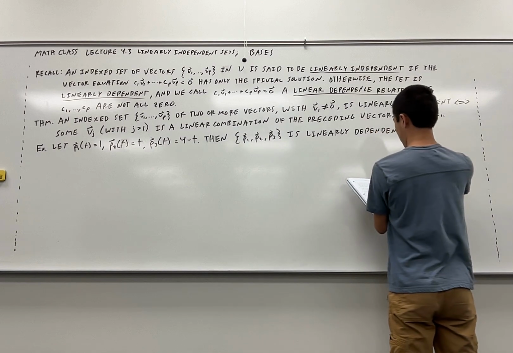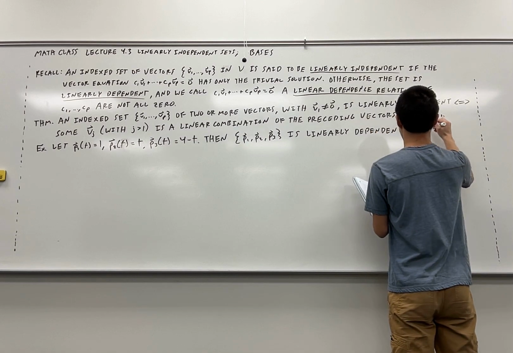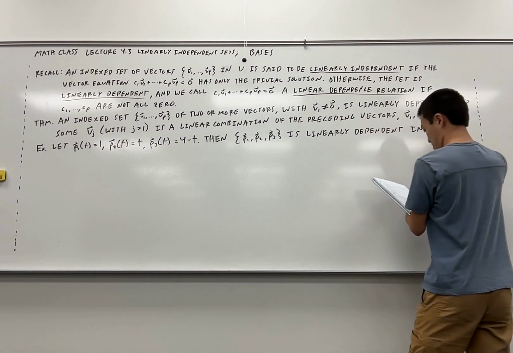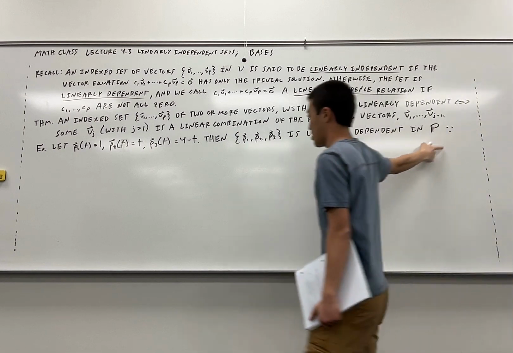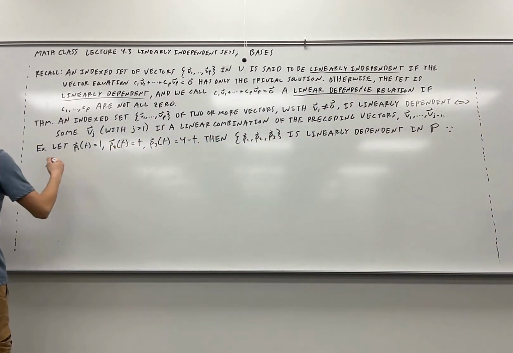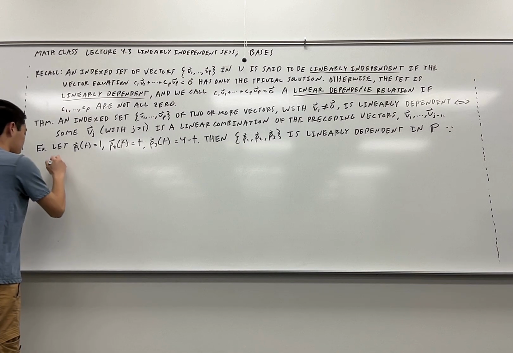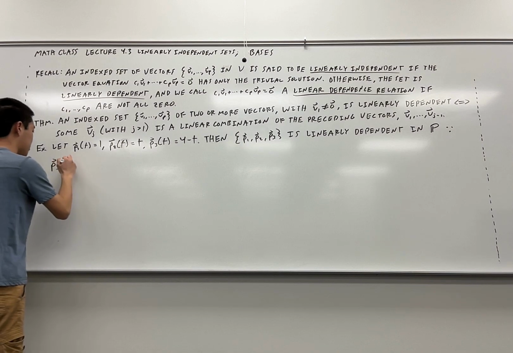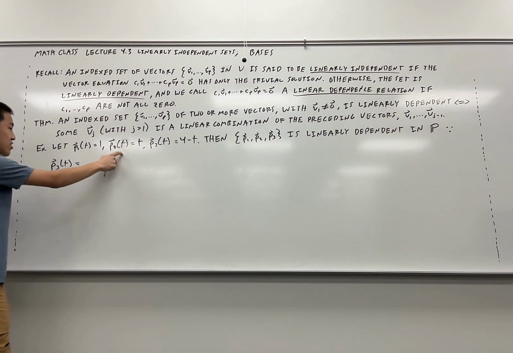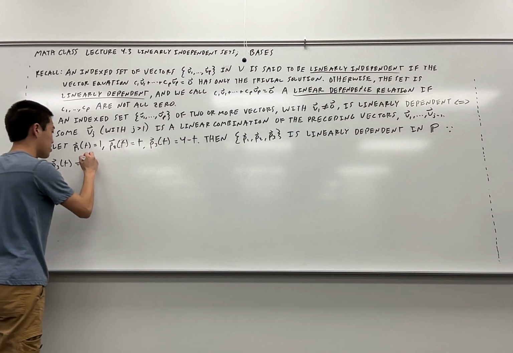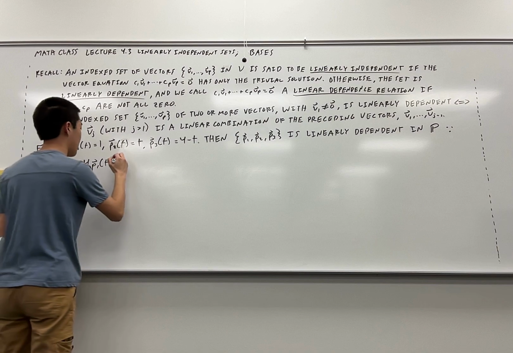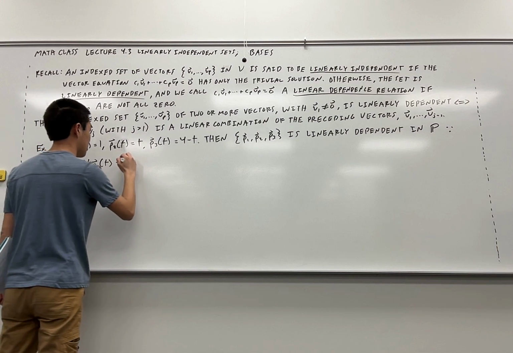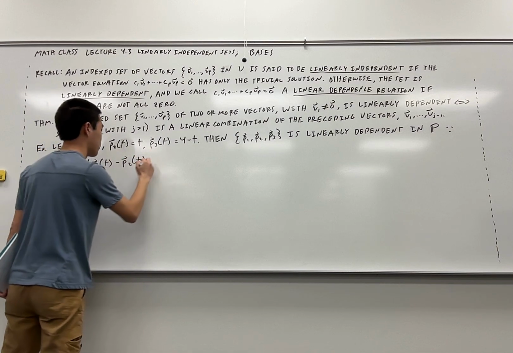Why do I know that? Because I could write p3 of t as a linear combination of the other two preceding vectors. It's 4 times p1 of t minus p2 of t.